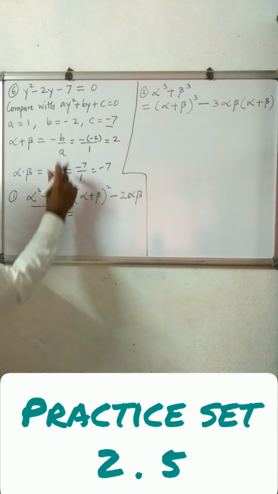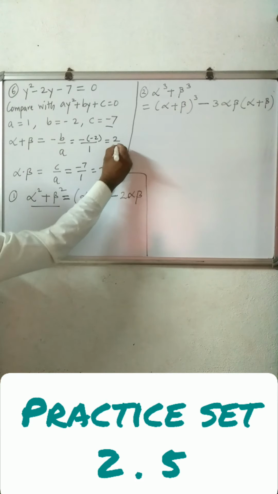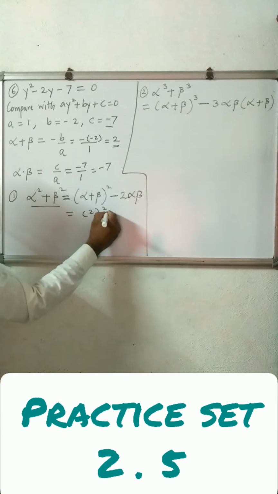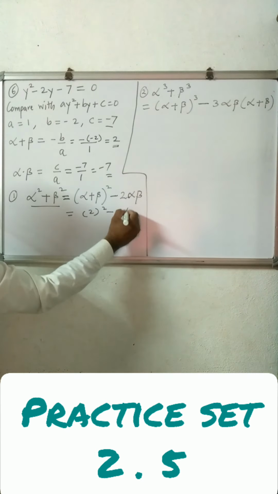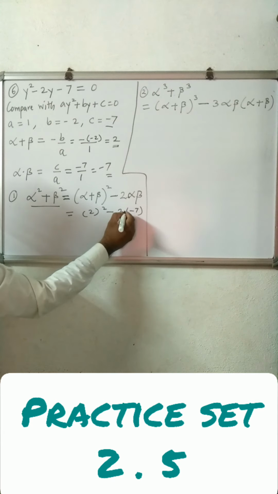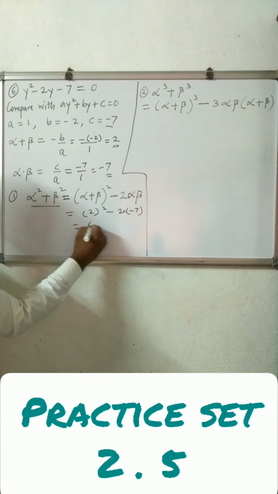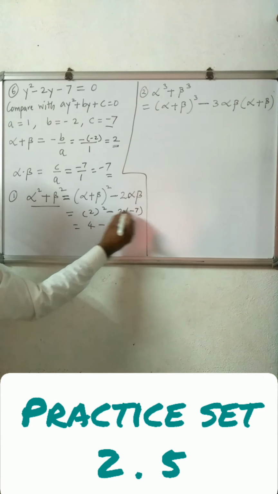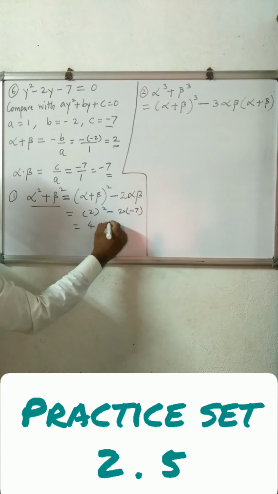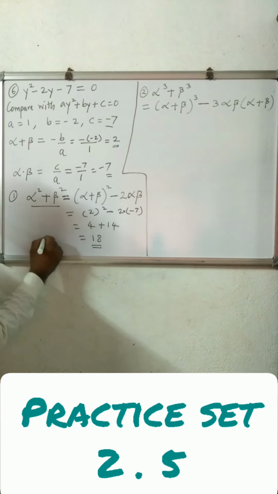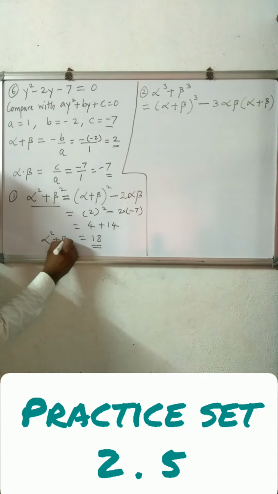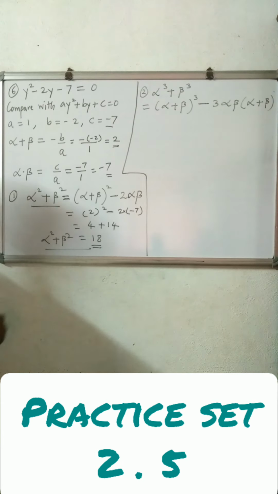So alpha plus beta is equal to 2, square, minus 2 times alpha into beta, which is minus 7. So 2 square is 4, minus into minus plus, 2 7s are 14. So 4 plus 14 is equal to 18.